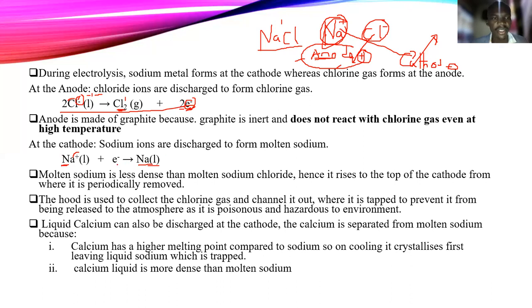You don't balance using anything. That is what I wanted you to understand. But here should be 2, because we produced 2 chloride ions here. The 2 electrons, because here we had 2.